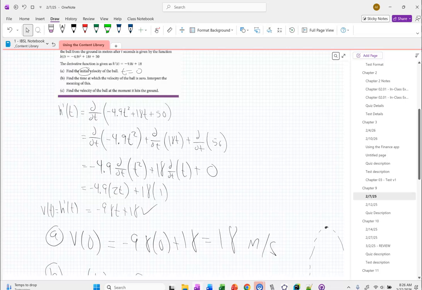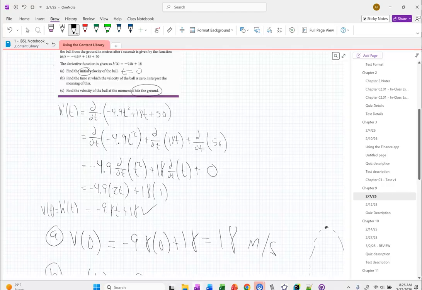Okay, do we know what time? We need to know the time the ball hits the ground in order to compute the velocity when it hits the ground, correct? Do we know what time it takes for the ball to hit the ground? Not yet, right? We're going to have to figure that out. Hits the ground, is that talking about a velocity or a position?